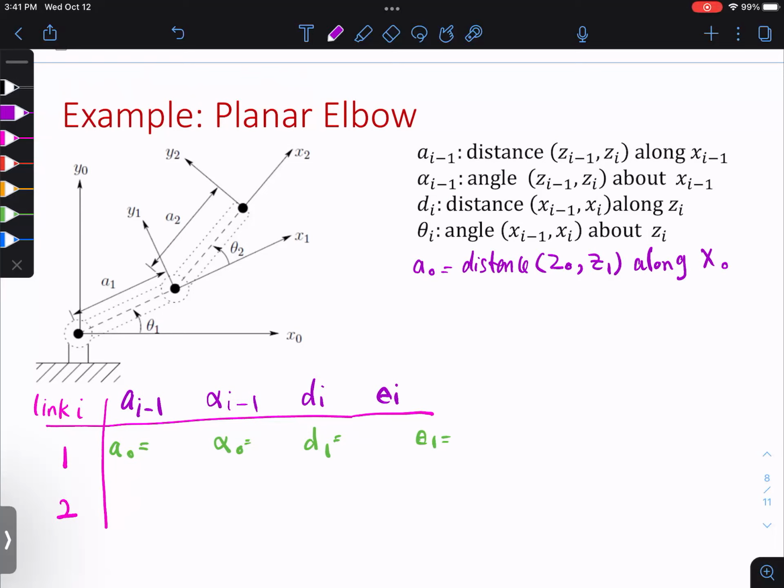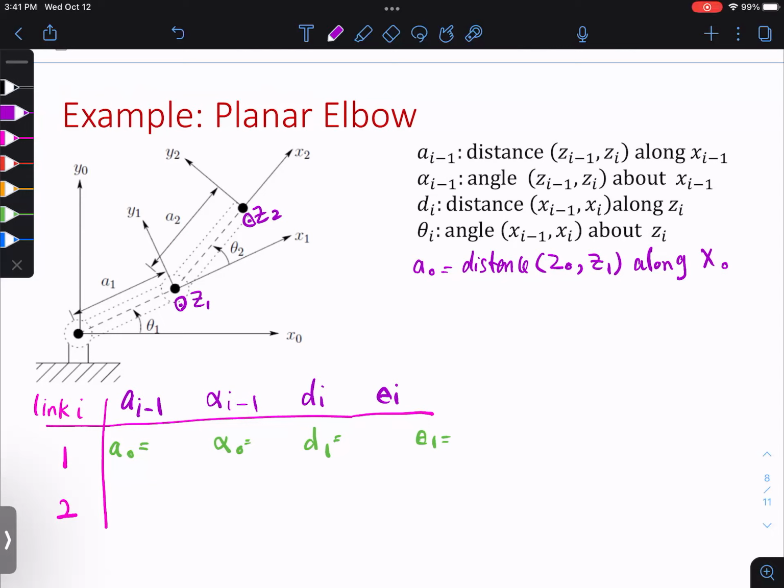Let's go back to our robot. I have shown all the axes, so I've done the first part for you. Now Z1 is pointing out of the plane, right? So this is Z1. This is Z2. Agreed? Always right hand. And this is theta 1, theta 2.